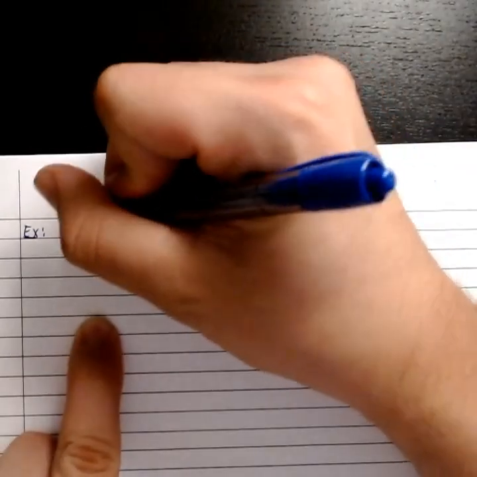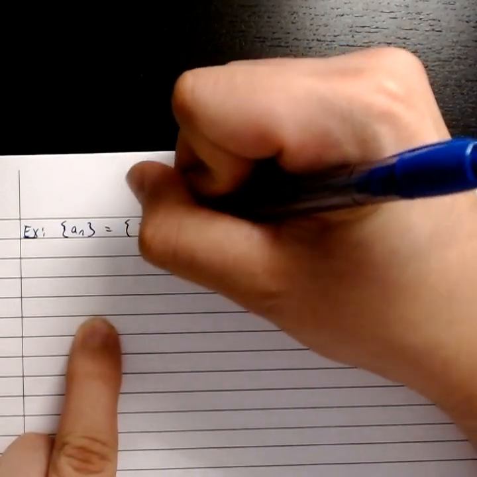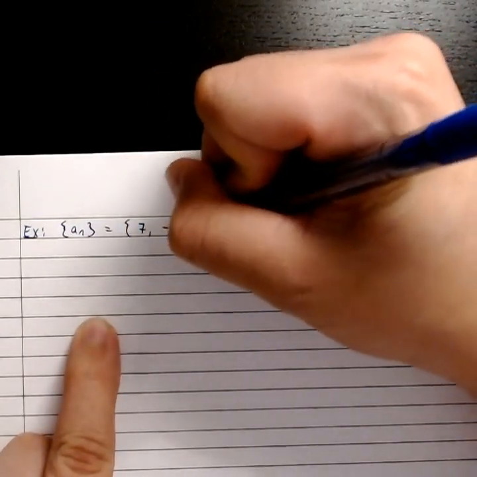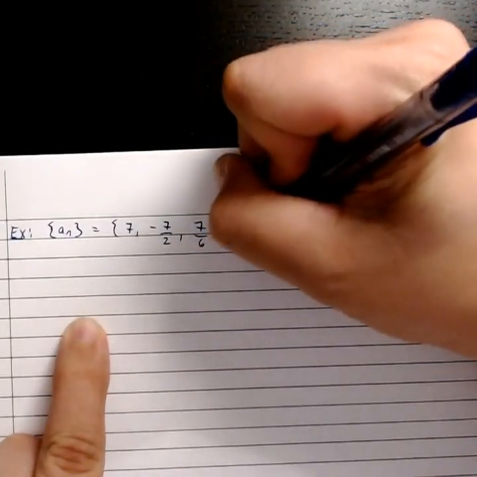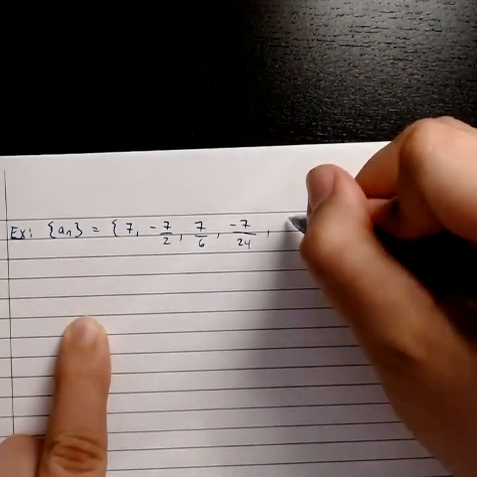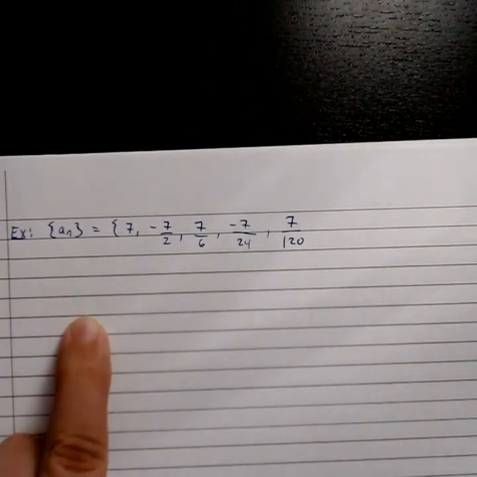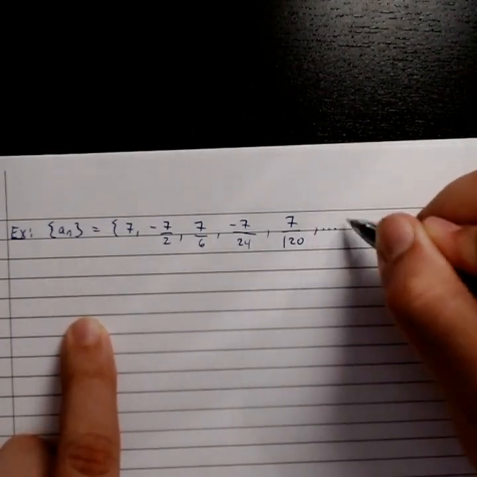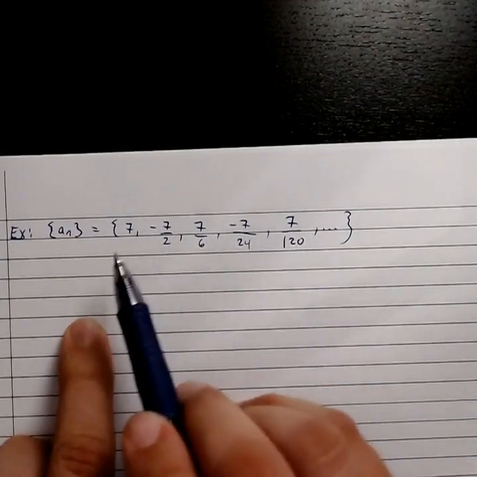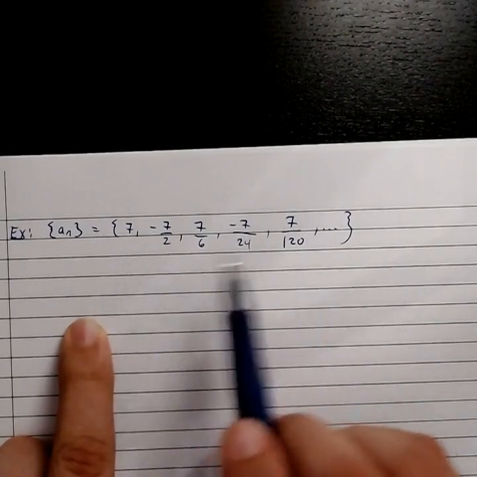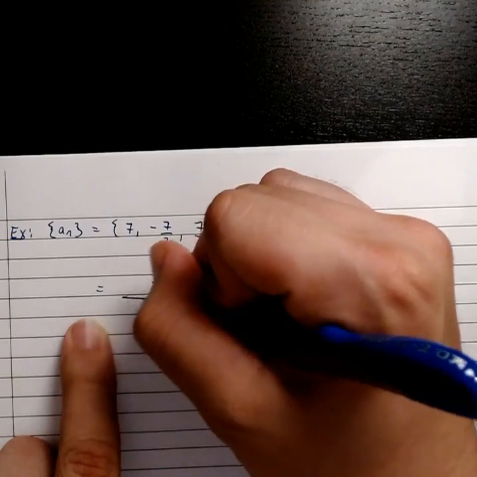So let's take the sequence a sub n to be given by 7, negative 7 halves, 7 over 6, negative 7 over 24, 7 over 120, dot, dot, dot. So first of all, we notice that our numerator is always the number 7. So whenever you have a constant that appears, there's no rule for that. It's just that constant. So here we can write that as just the number 7. Okay, the number 7 always appears in our numerator.